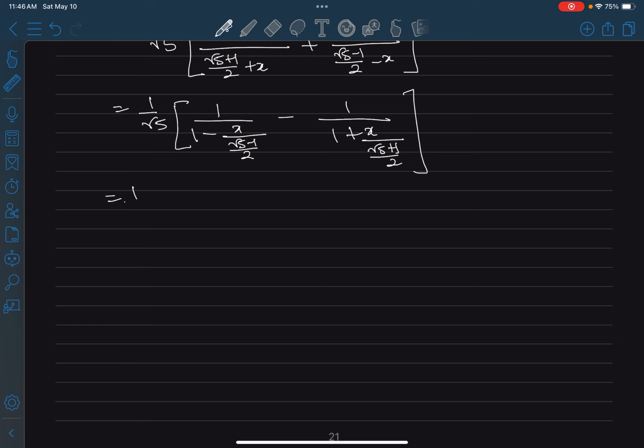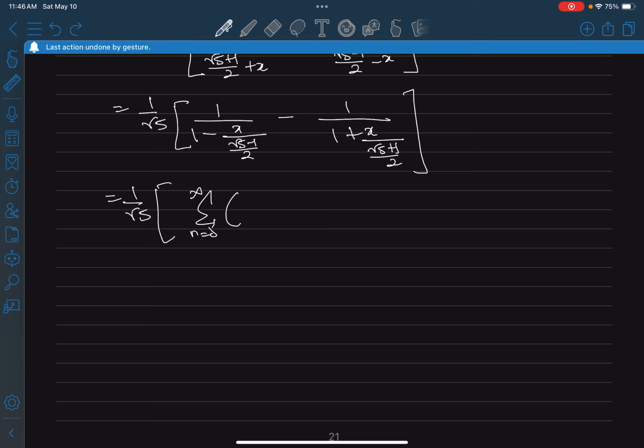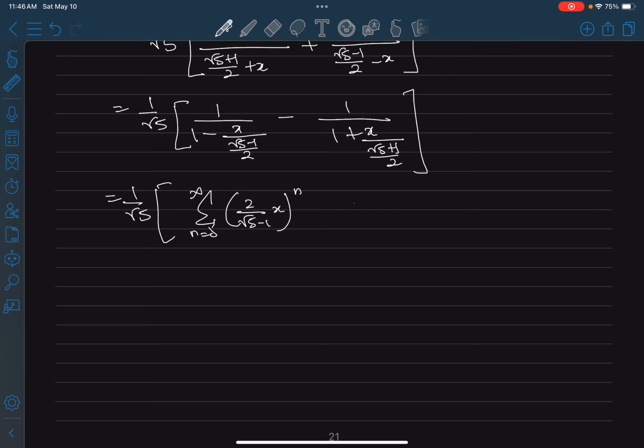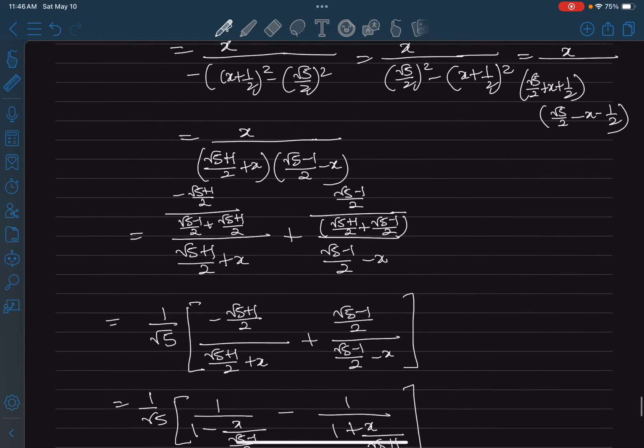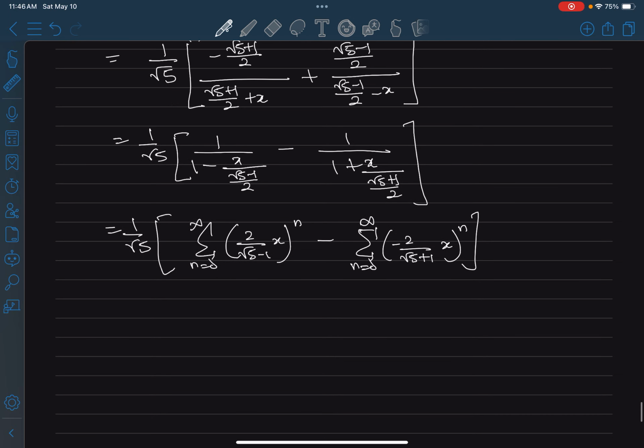If I do that, this will be 1/√5, and then the sum from n equals 0 to infinity of (2/(√5 − 1)) x to the power n, right? Minus the sum from n equals 0 to infinity of (−2/(√5 + 1)) x to the power n, right? And yeah, this was our sum from n equals 0 to infinity of f_n x to the power n.